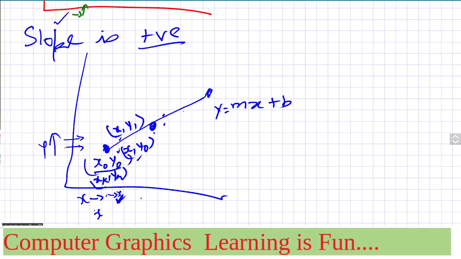Okay, then let us leave this point. Let us consider this as xk, and this as yk. No problem. This is xk yk. Now we have to decide what will happen for xk plus 1.